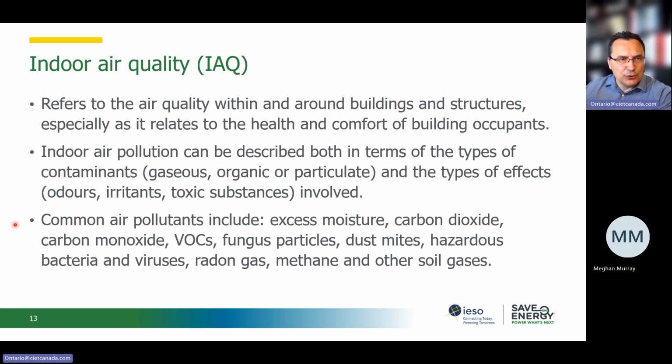Examples of pollutants that we see in our buildings: excess moisture, carbon dioxide, carbon monoxide, VOCs, and many of these are regulated so that we can use measurement devices to see where we are within the acceptable range for the indoor air quality for our buildings.